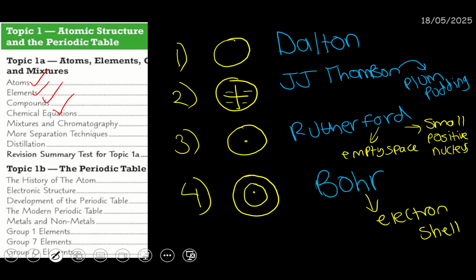Okay, so we've had a look at that. Let's now move on to talking about separating techniques. So we want to know how we separate stuff. First of all, let's just list the 4 different types of separating techniques. Can you name one, Anaya? Filtration, yes. Another type of separating technique is crystallization.